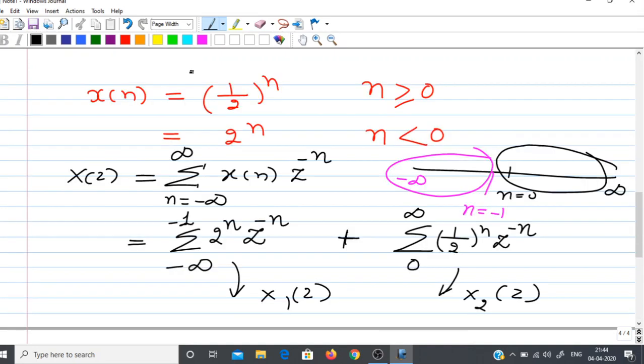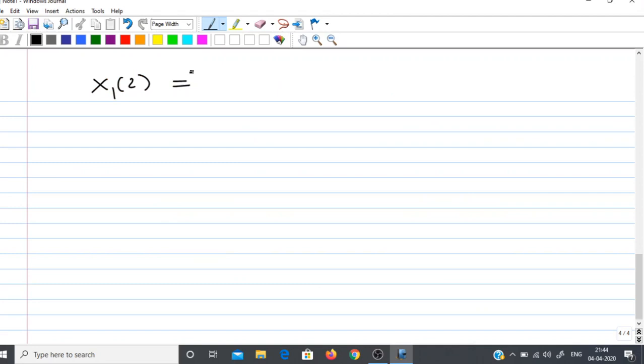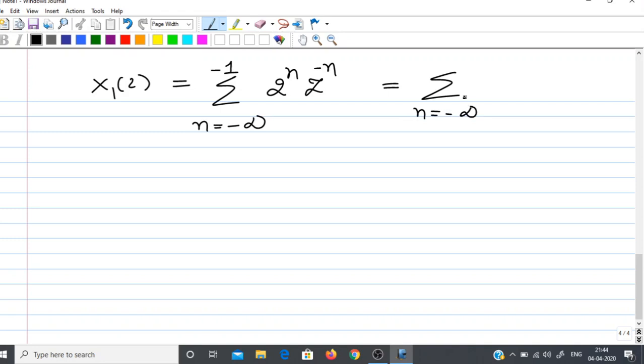The first summation, x1(z), is the sum of 2 to the power n z to the power minus n, for n from minus infinity to minus 1, which can be written as the sum of (2 inverse z) to the power minus n.